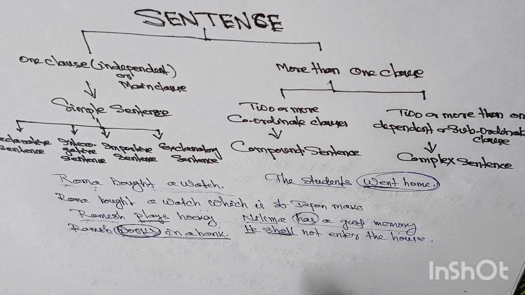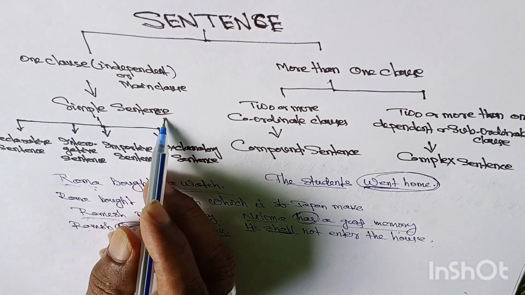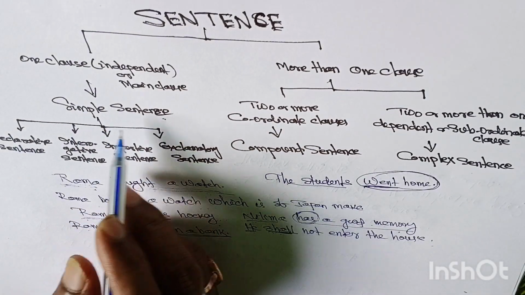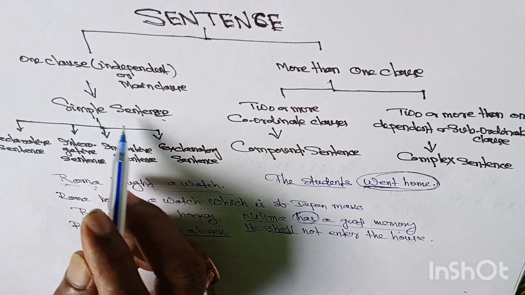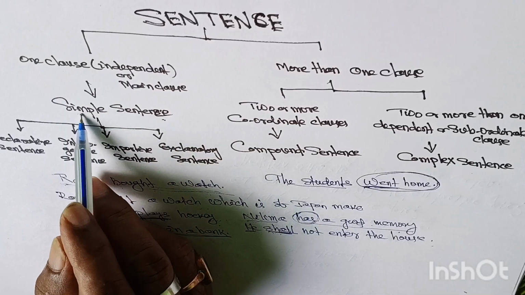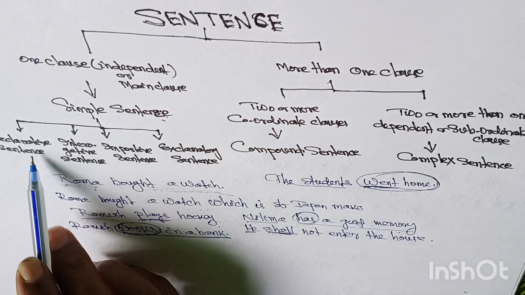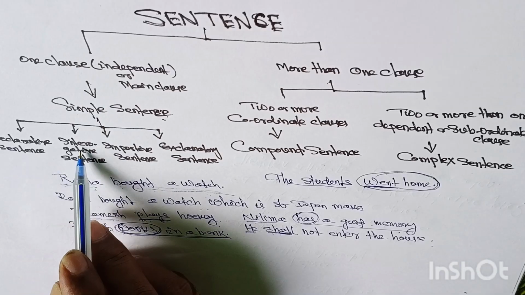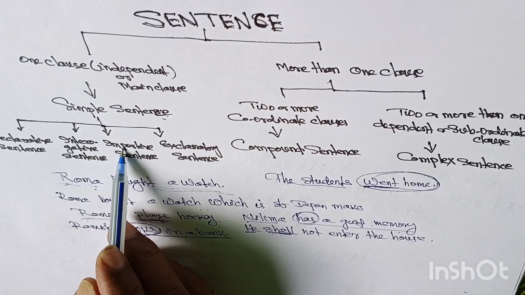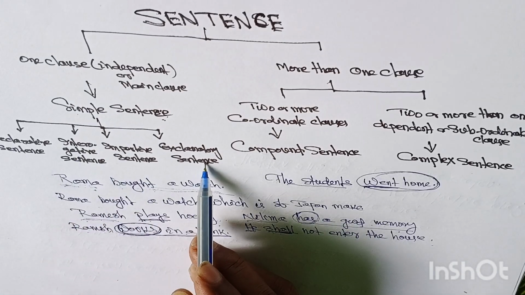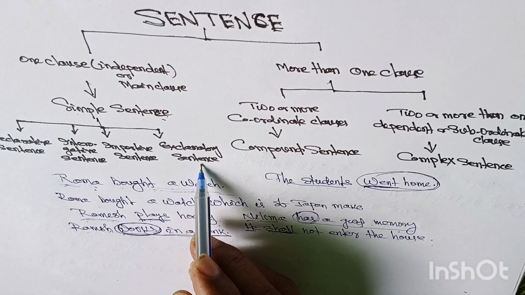Then comes the types of simple sentences. Today we only discuss the simple sentence. A simple sentence is divided into four parts: one is declarative, second is interrogative, third is imperative, fourth is exclamatory. There are four types of sentences.